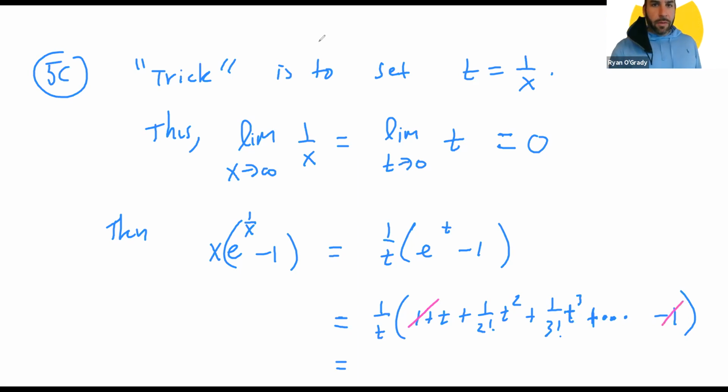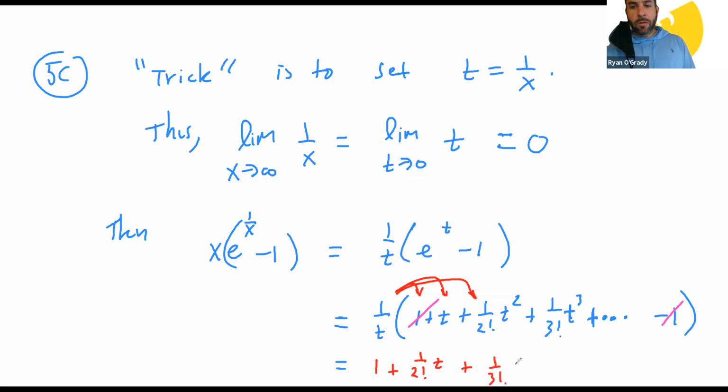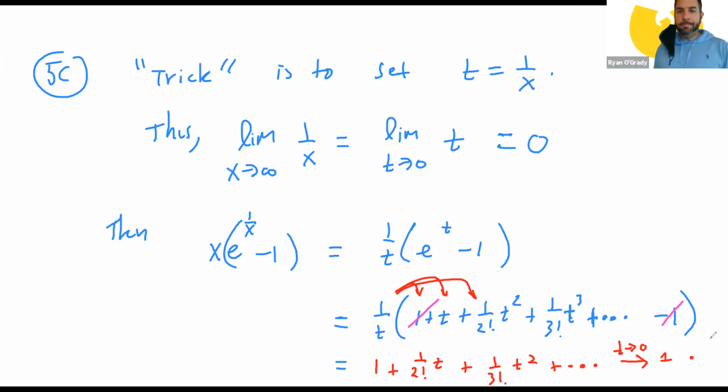So what you're left with when you distribute, the old distributive law, all the way down, is 1 plus 1 over 2 factorial t plus 1 over 3 factorial t squared, dot, dot, dot. And of course, if t goes to 0, this goes to 1. So that's how you do that problem.